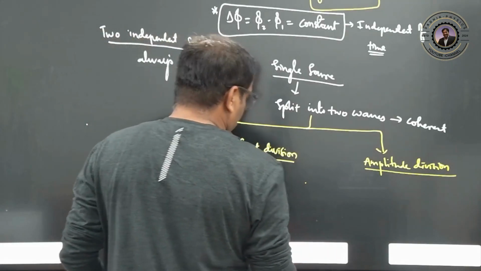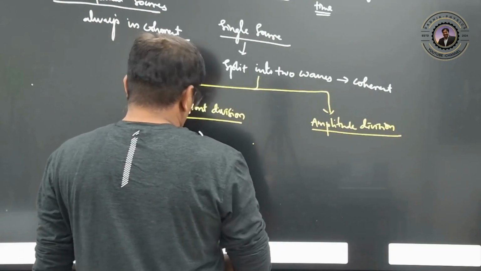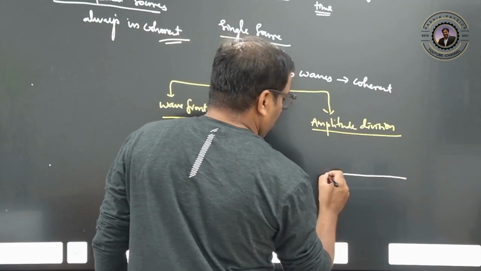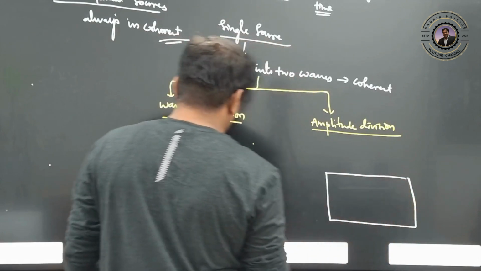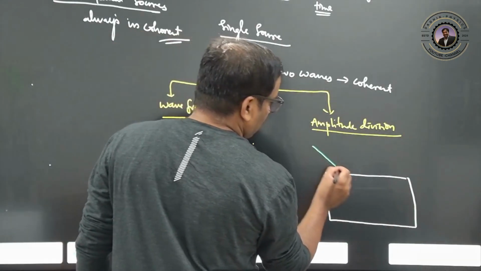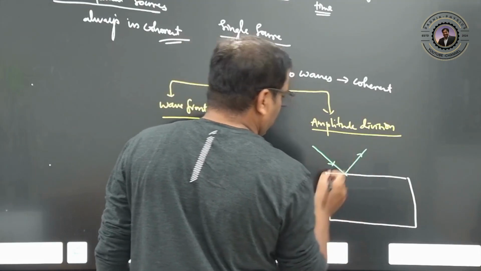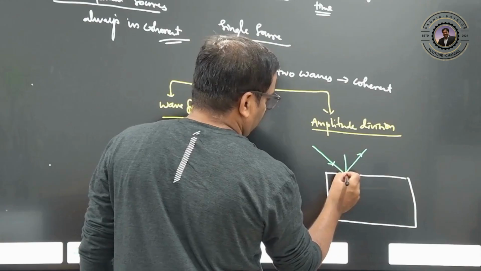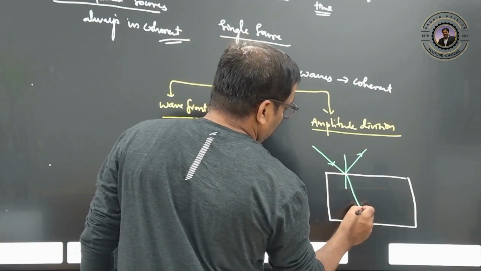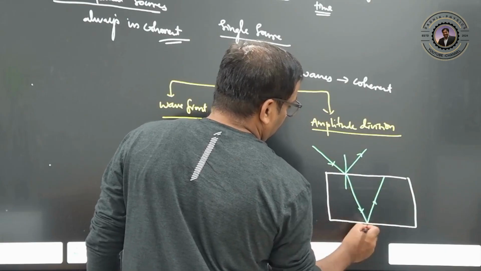Amplitude division is what? Suppose there is a denser medium, and we send a single source of light. This will get reflected, and one part is refracted. It will go like this, and here it will come; one is reflected and another one is refracted.